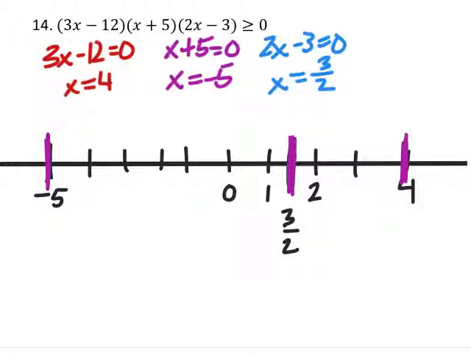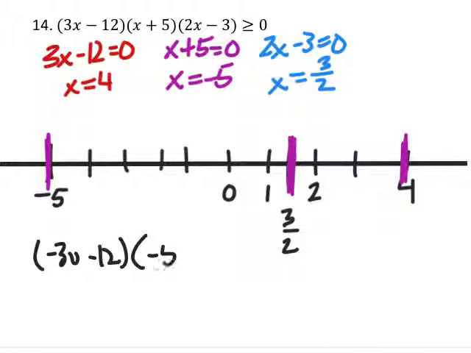Well, looking at this, we just need to test some values. Let's try any value to the left of -5, all right? So anything to the left of -5 would be something like, I would even go to -10. So in the first set of parentheses, we've got a -30 minus 12.